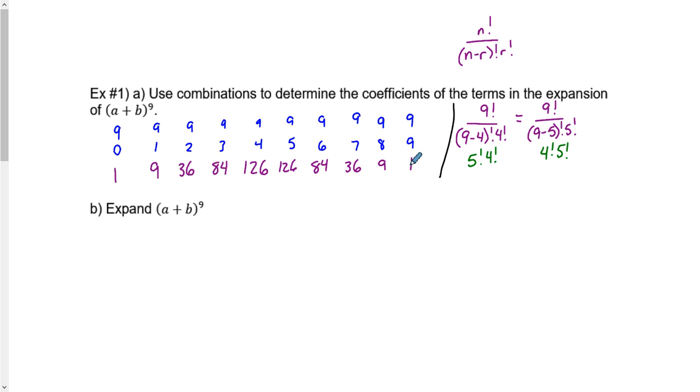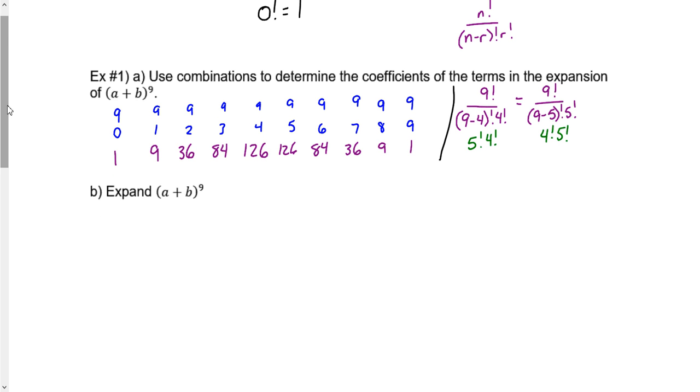Permutations only repeat at the very end. I didn't say it when we did our permutations, but long story short, 0 factorial is 1. Can't remember the specific reason for it, but it just is.